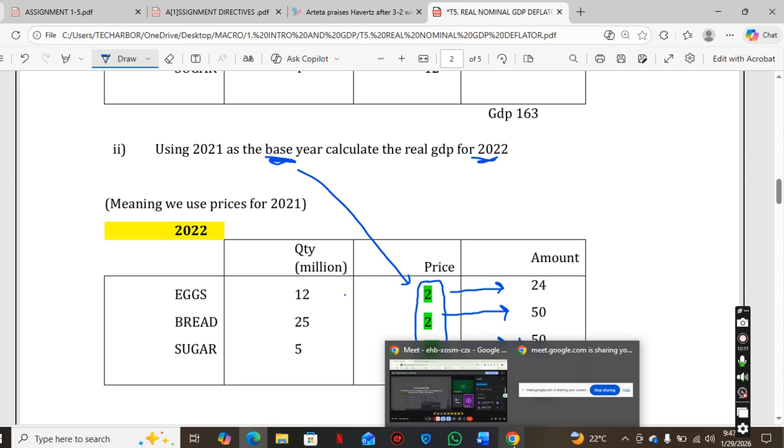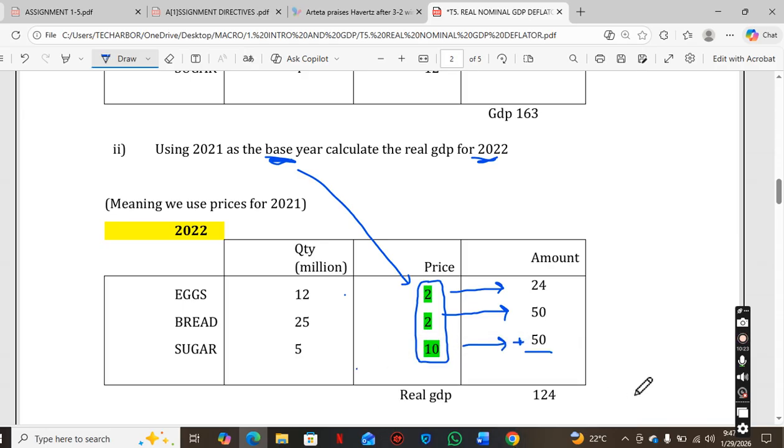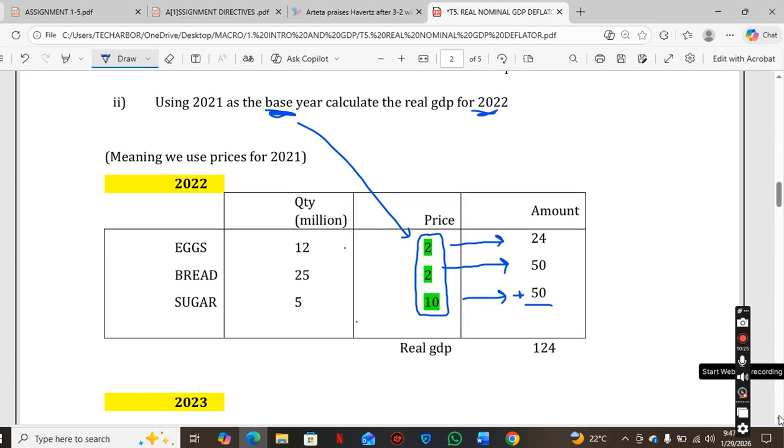Nominal GDP will show you that your GDP has grown, but sometimes that growth was due to just the increment of price, not quantity. So the real GDP for 2022 is 124. You just add these three prices. Any questions?